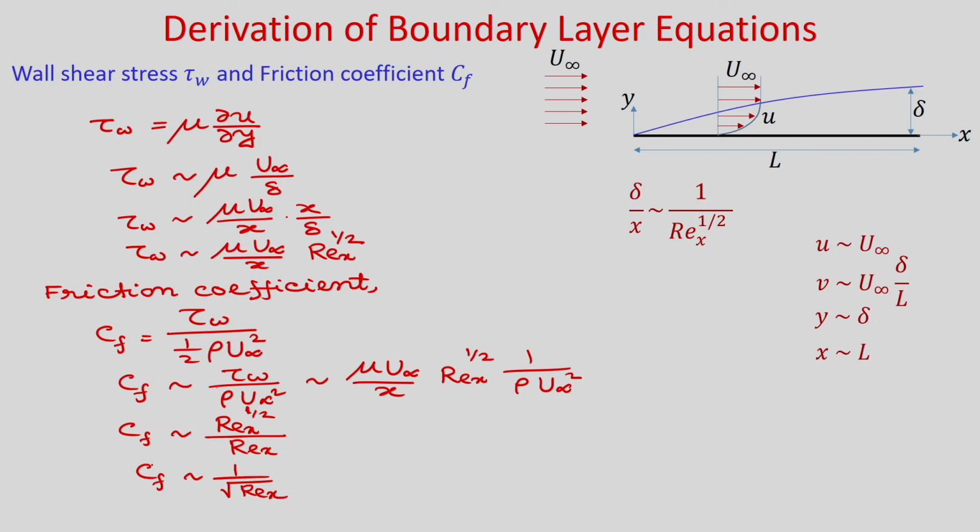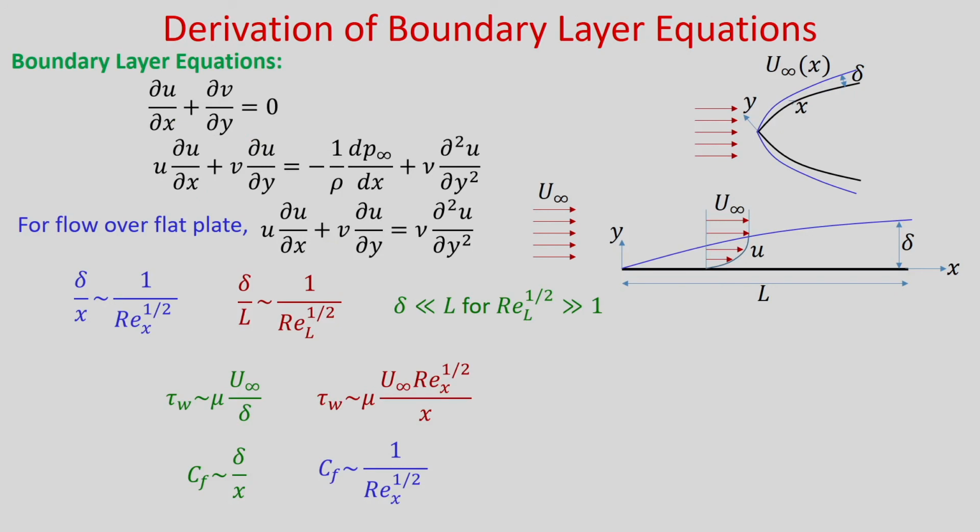Okay. So, you can see that delta by x is order of 1 by root Re_x, and similarly the friction coefficient Cf is also order of 1 by root Re_x. So, now let us summarize what we have studied in today's class. So, first we introduced the boundary layer.